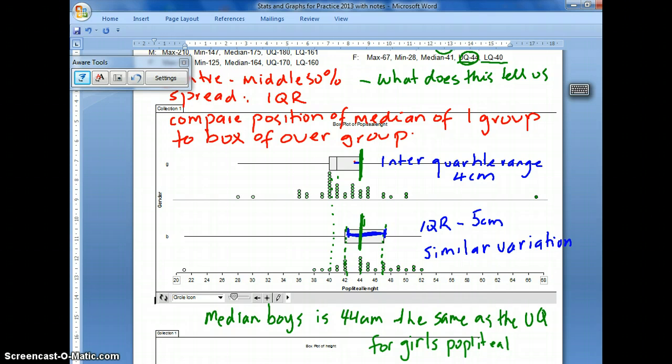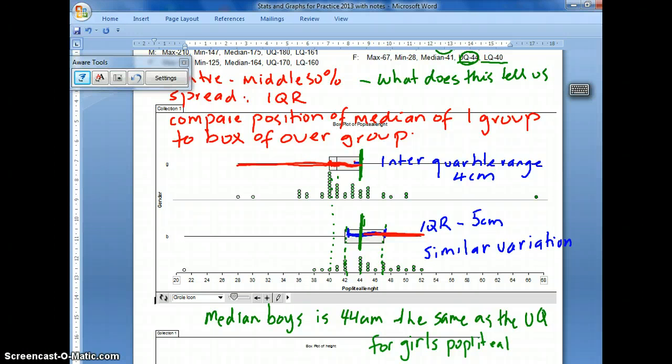This tells us that 50% of the boys have longer popliteals than 75% of the girls. So this is 3/4 of the girls, 1/4, 2/4, 3/4. So 3/4 or 75% of the girls have shorter popliteals than 50% of the boys.